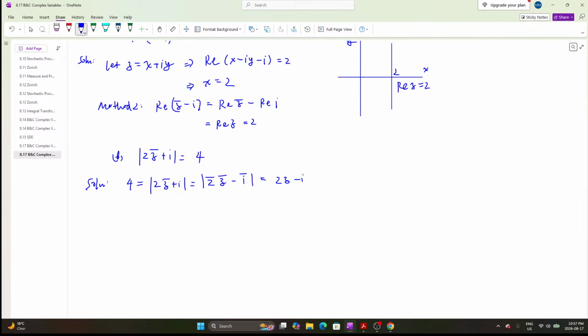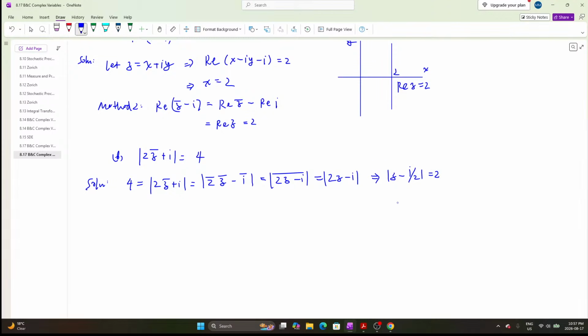So now the inside of the modulus operator is just the modulus of 2z minus i. Therefore you have the following: the modulus of z minus half i equals 2.